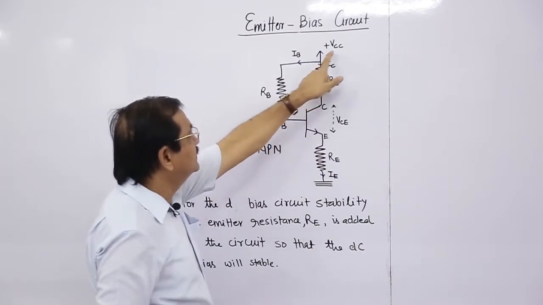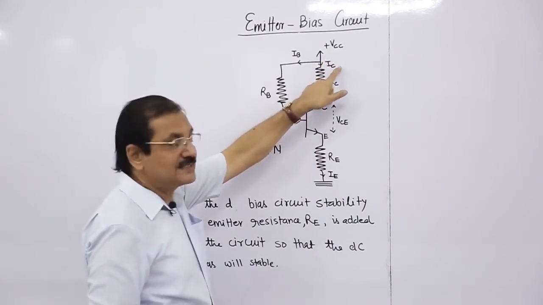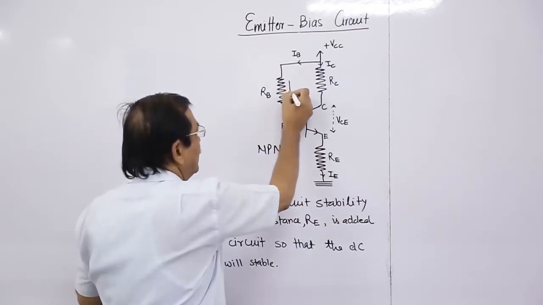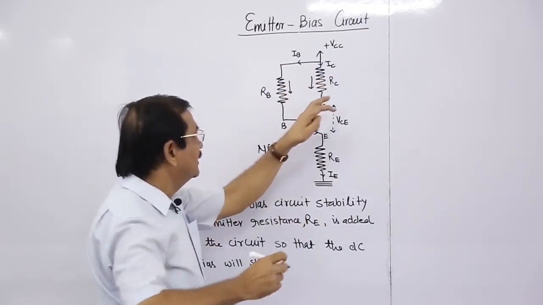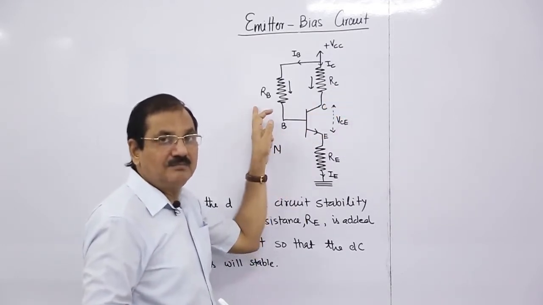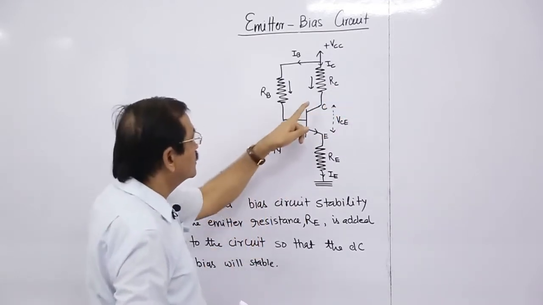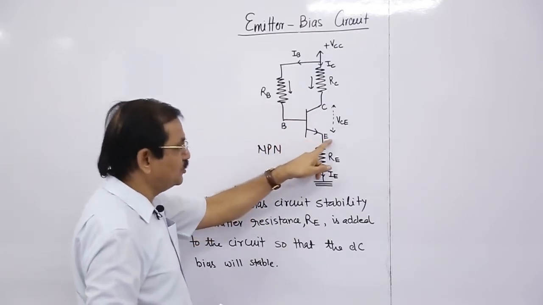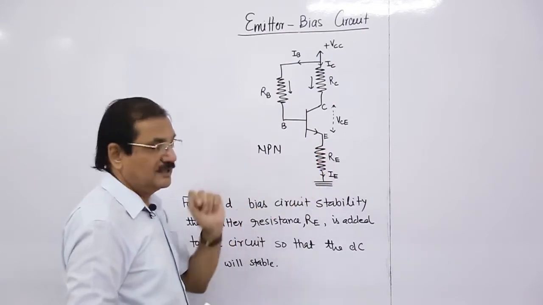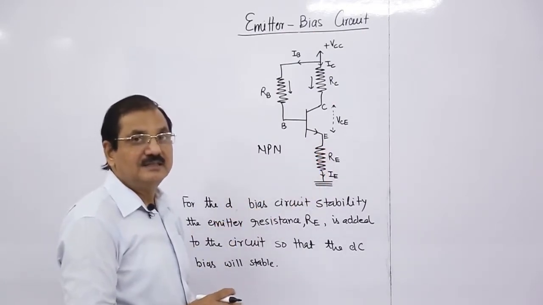Then two currents, IC and IB, flow through the resistances RC and RB respectively. These currents constitute the emitter current, which flows through the resistance RE.